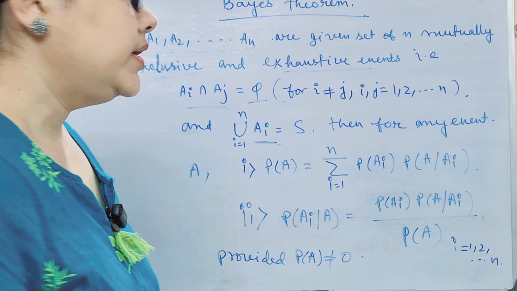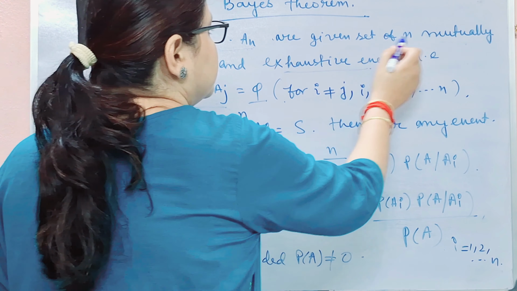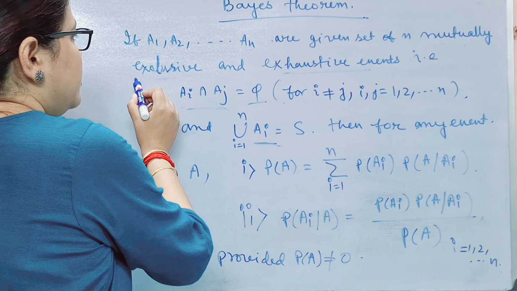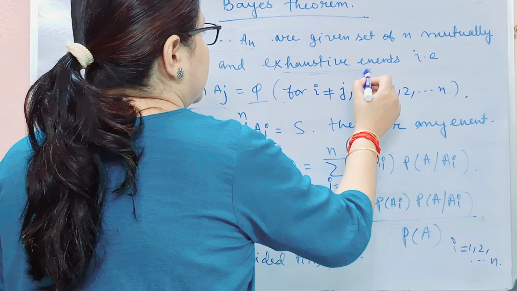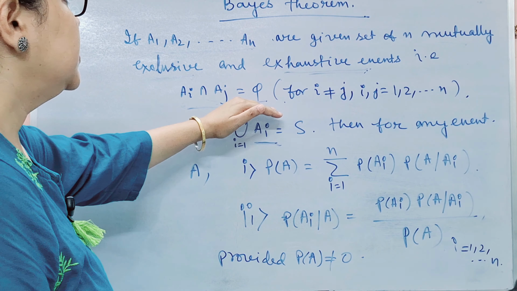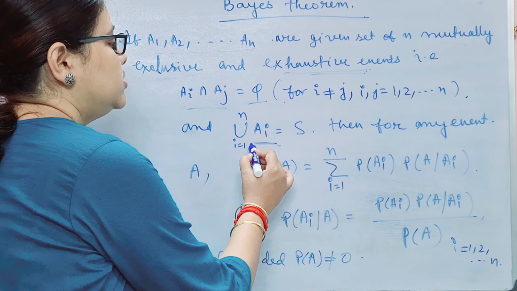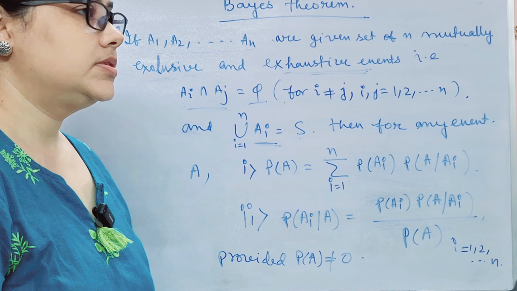So I am repeating the statement. If A1, A2, ..., An are a given set of n mutually exclusive and exhaustive events, then Ai intersection Aj equals phi, and the union of all the events will be equal to the sample space.